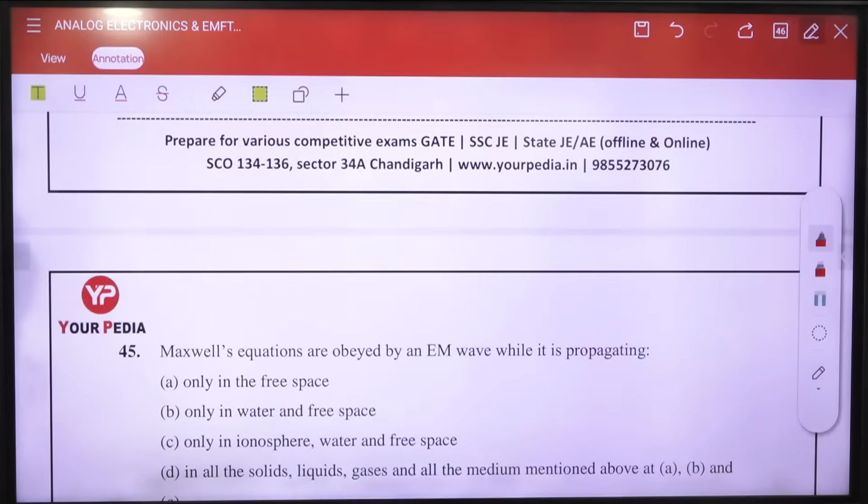The Maxwell equations are obeyed by the EM wave while it is propagating. So in which medium will the Maxwell equations be followed by the EM wave?